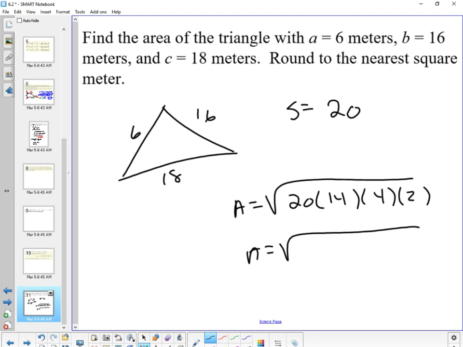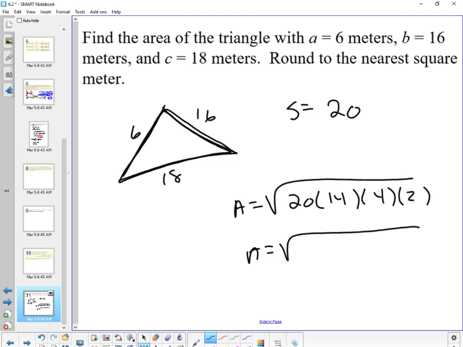So what is this all? 47.3. That can't be 47. This is the area, not the average. S is half of the perimeter, so add all these up.